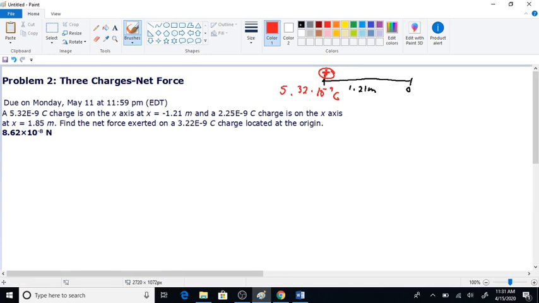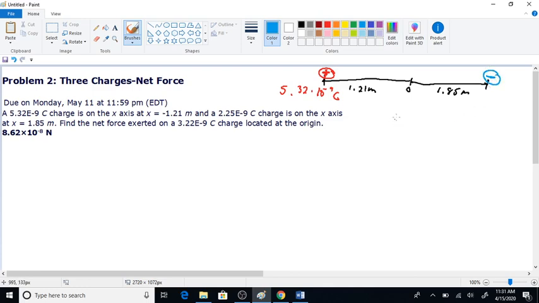Over on the other side, we have another positive charge, and this distance is 1.85 meters. Okay, we'll put a little negative sign here.